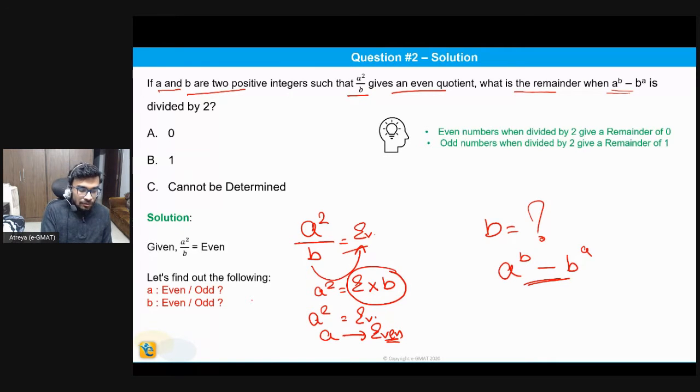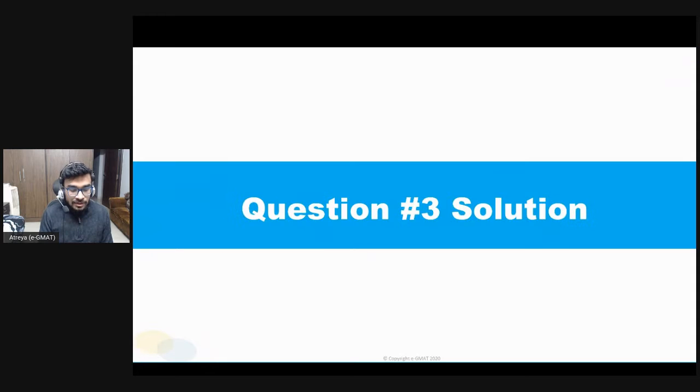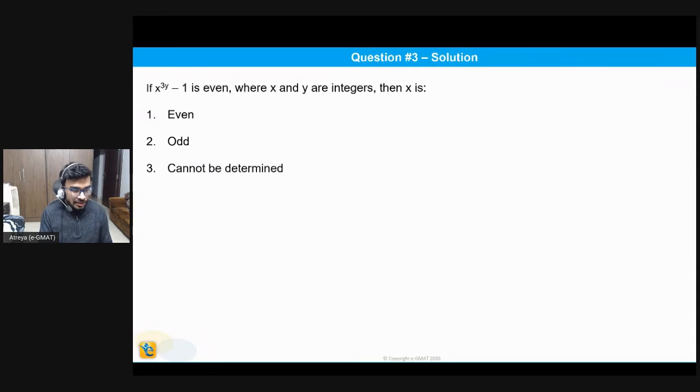That is the reason we would be marking option C in this question. And I hope with this your doubts get cleared, because I see a lot of people also choosing the first option, almost 41% of you chose option A, that this is an even number. But again, if we do not have b, we cannot determine the same. With that, let's move on to the third question's solution.